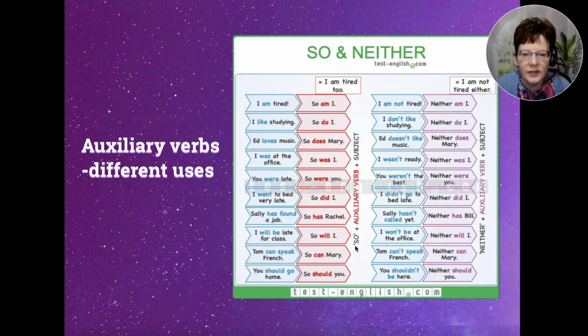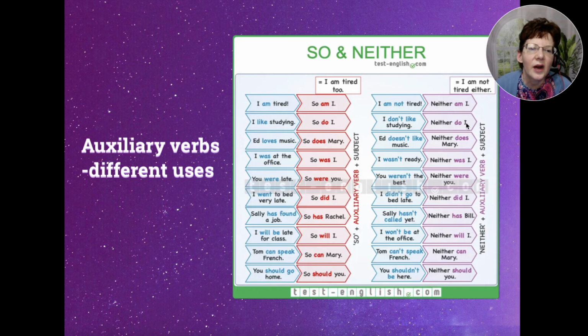So we've got so plus an auxiliary verb plus the subject here. And then for negative, we can say, I am not tired. Well, neither am I. So it equals I am not tired either. I don't like studying.